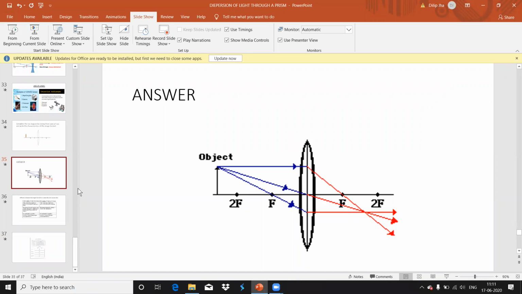See, this is your answer. The first ray is parallel to the principal axis and it will pass through the focus. ठीक है? The second ray is passing through the optical center and goes undeviated, that is straight.